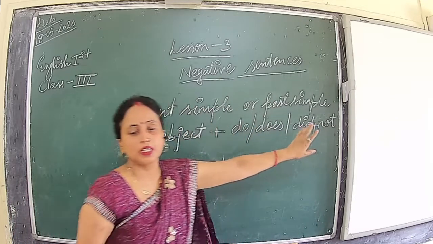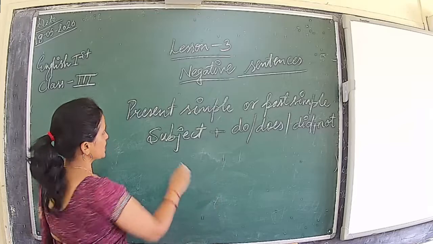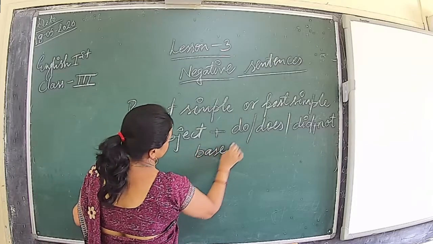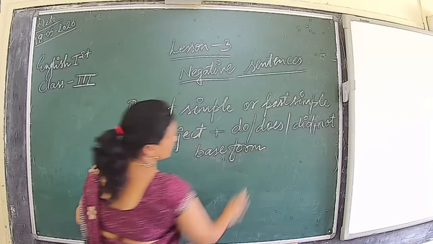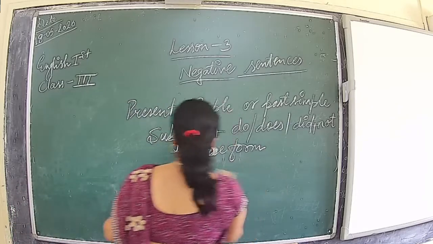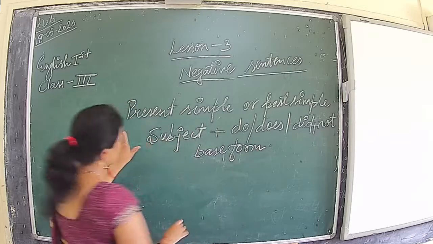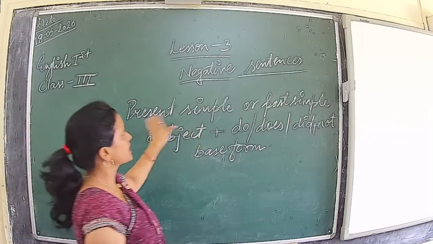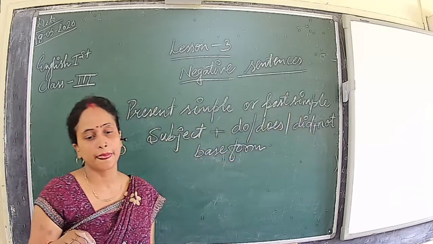You have to use not also. Plus the base form of the verb. This is a base form. Now, this is the rule for the present simple or the past simple.